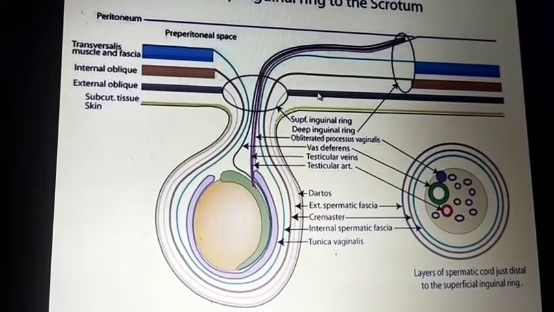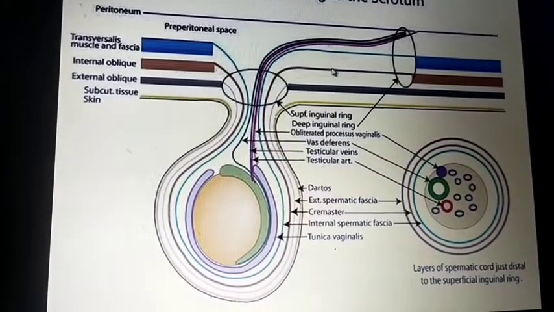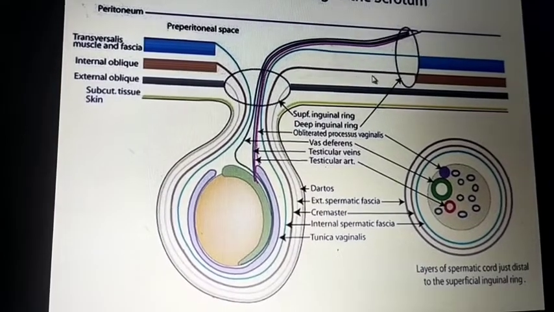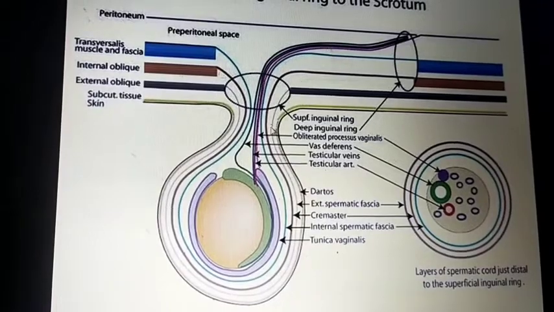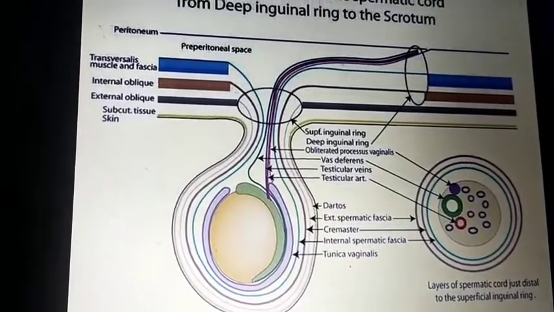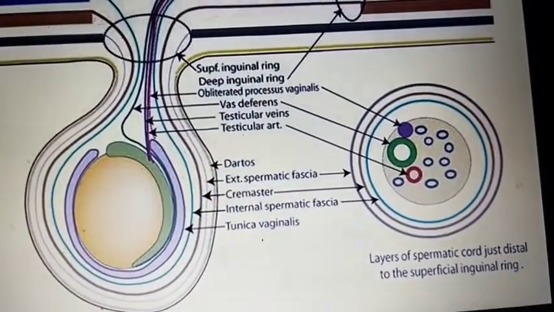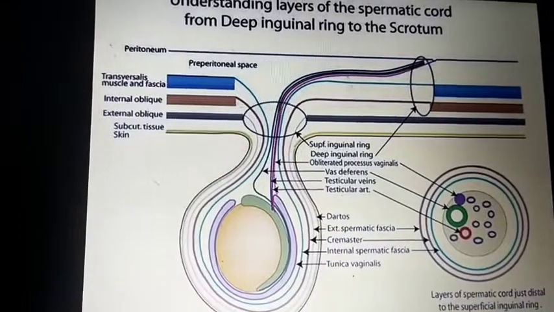The cremaster muscle and fascia is formed by the internal oblique muscle. And the transversalis fascia forms the internal spermatic fascia. Okay, you can see here these are the layers of the spermatic cord. I already explained in the last class. We can go for the next slide.